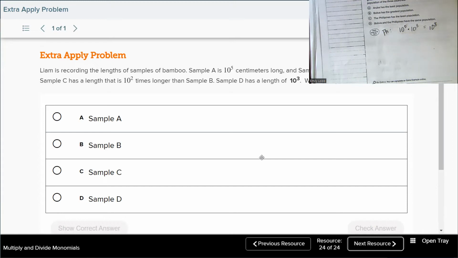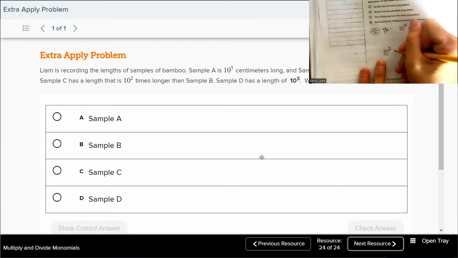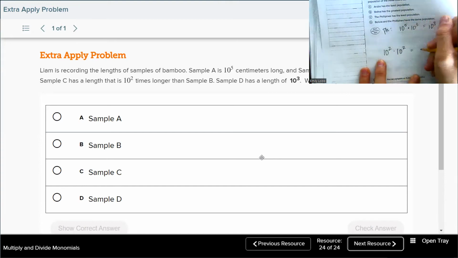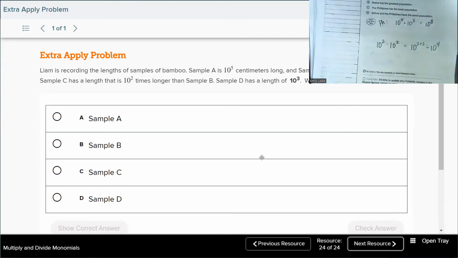Sample B, which is also 10 to the second. So what's 10 squared times 10 squared? 10 squared times 10 squared is equal to 10 to the 2 plus 2, which is 10 to the 4th. That is our product of powers rule. So which sample is the longest? 10 to the 5th, 10 squared, or 10 to the 4th? 10 to the 5th, which was sample A. Answer A again.